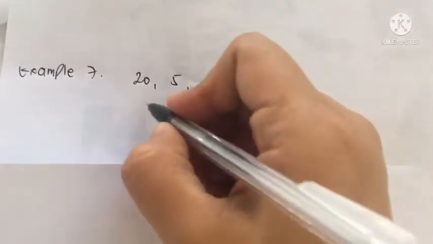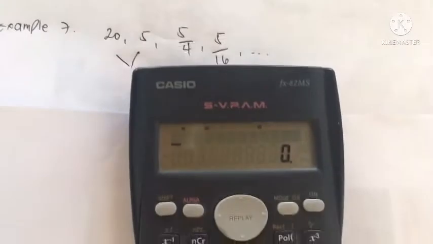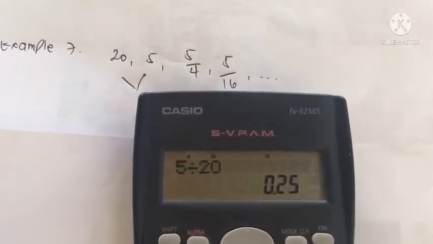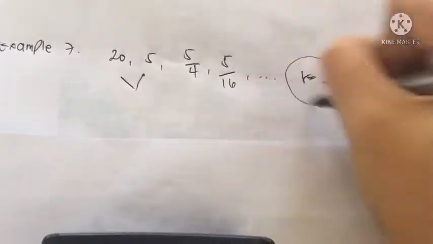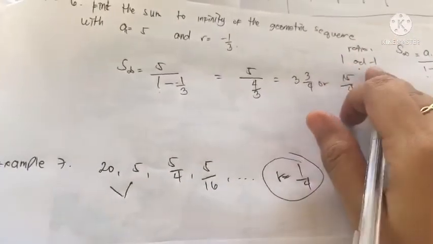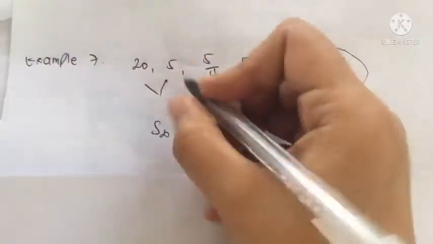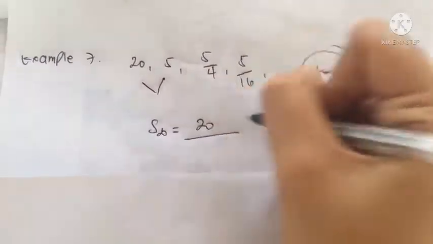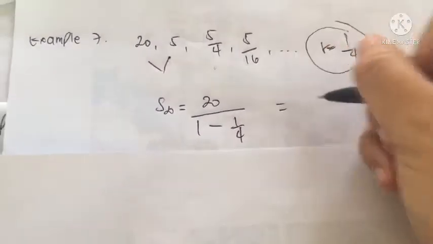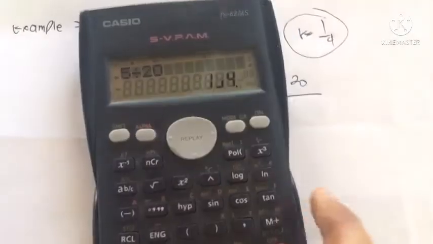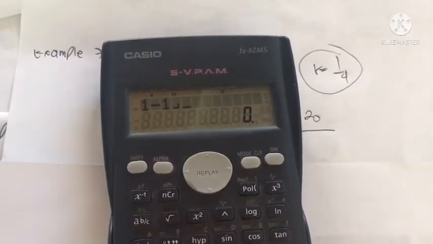We are asked to find the sum to infinity again. So, the first thing to do is to find the common ratio. What is our common ratio? 5 divided by 20, the common ratio is 1/4. So, we can get the sum to infinity. The sum to infinity is equal to the first term, 20, divided by 1 minus the common ratio 1/4, which is 20 over 1 minus 1/4.